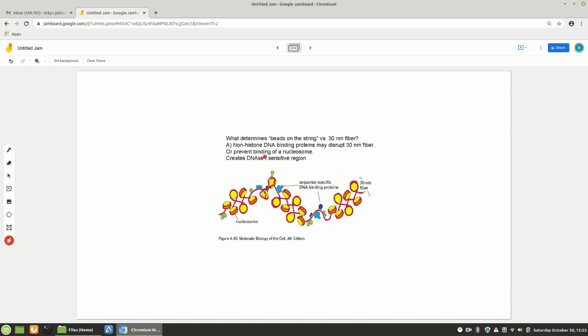And you'll notice they have it where there are proteins binding. Now often these proteins are transcription factors and RNA polymerase and things like that, and so they call them sequence-specific DNA binding proteins. So that can be anything that would bind to the DNA, like a transcription factor, enhancer regions, proteins that bind to enhancers.